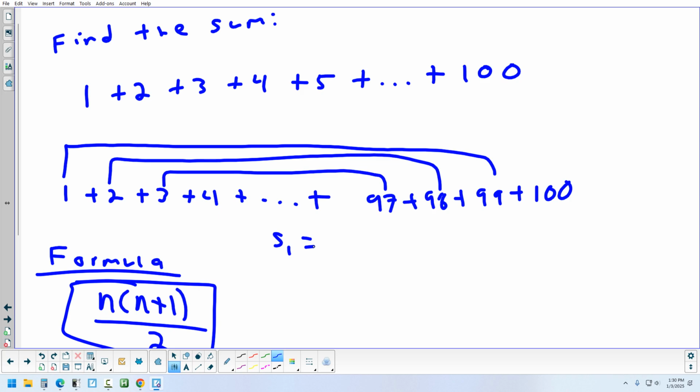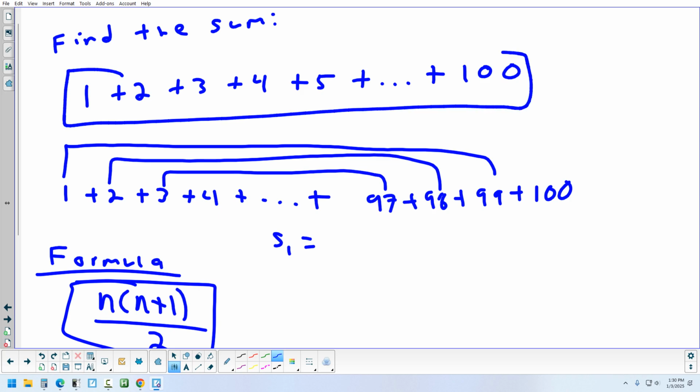What do you get if you add the first number up out of all the numbers in that box? 1. What if you add up the first 2 numbers? Just the first 2. You get a 3.